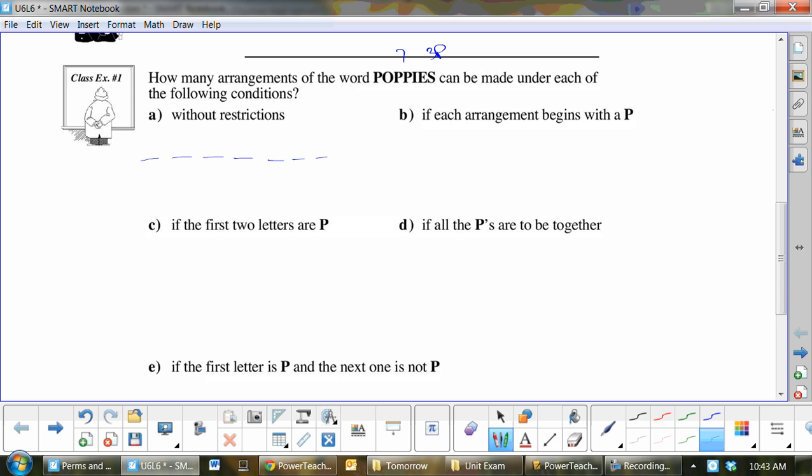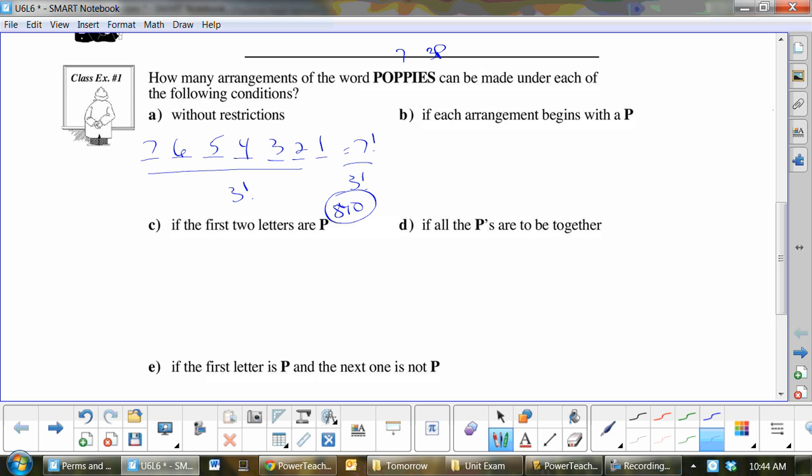So how many in the first blank? You'll see that 7, 6, 5, 4, 3, 2, 1. So this would equal 7 factorial, but what do I need to divide by? Divide by your repeats. And that would be 840.